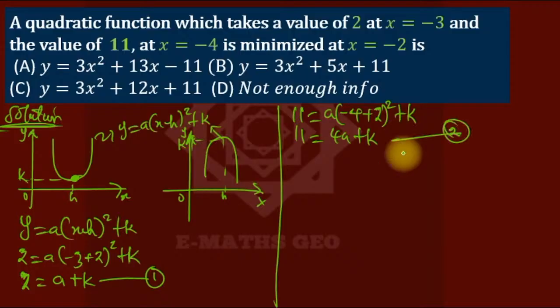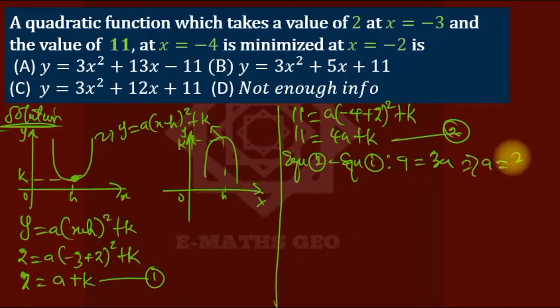If we subtract equation 1 from equation 2, we see that 11 minus 2 is 9, 4a minus a is 3a, and k minus k is 0, which implies that a is 9 over 3, which is 3.